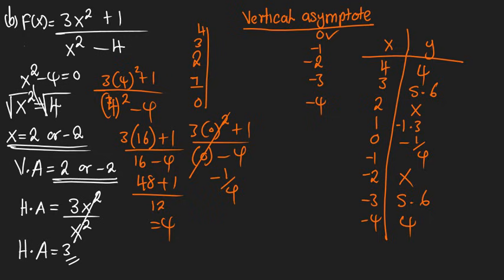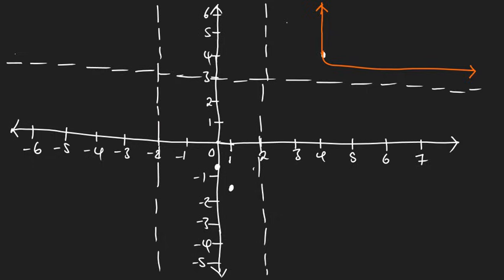Then you have negative 1. Negative 1 will give you negative 1.3 also. Okay, so you go on your graph, you check. So it's here.